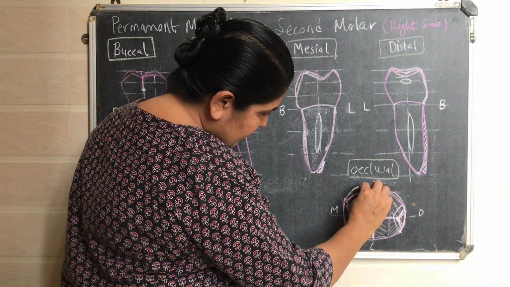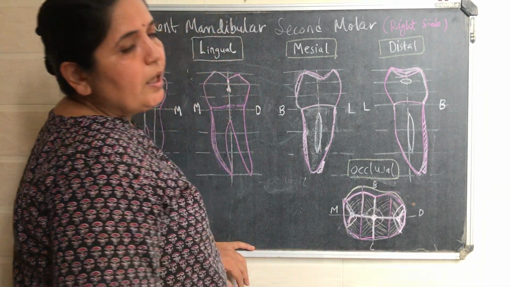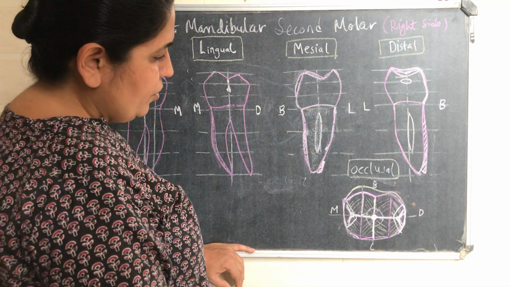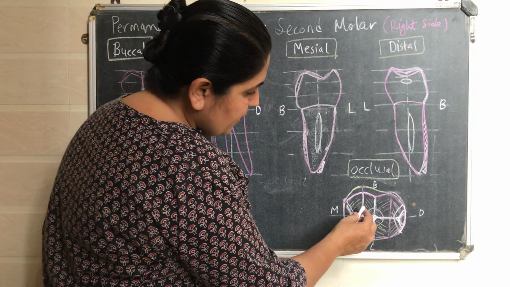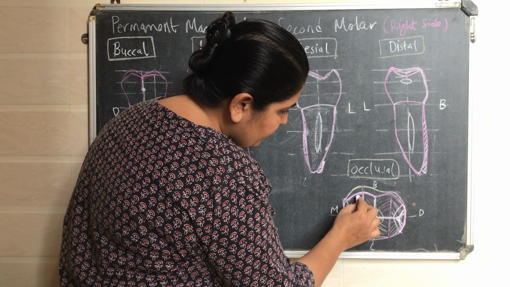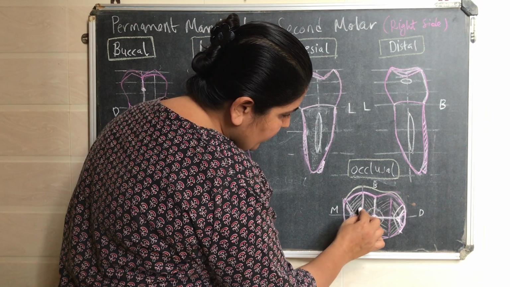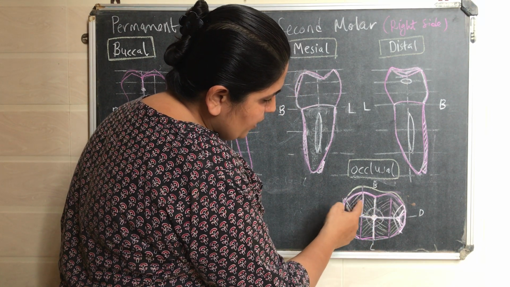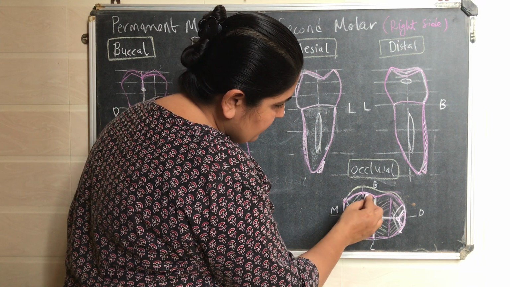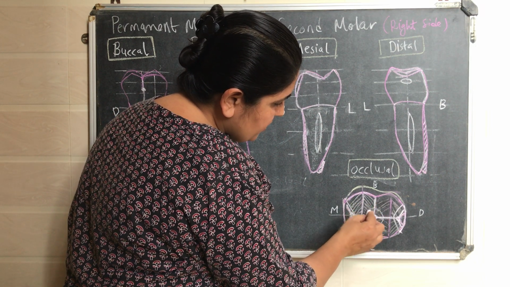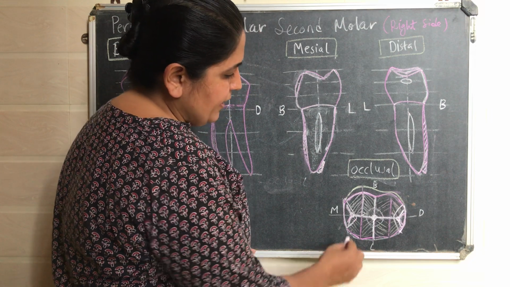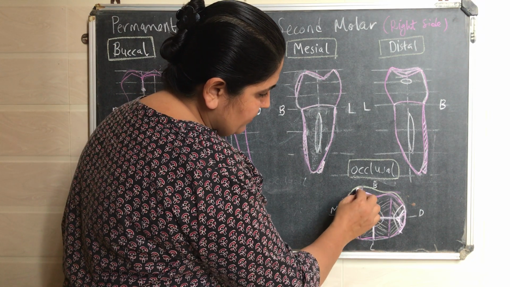And on the buccal surface there will be the buccal ridge of the mesiobuccal cusp, right? Between the two cuspal ridges, the area of the cusp is flat and inclined. So these are the inclined planes.